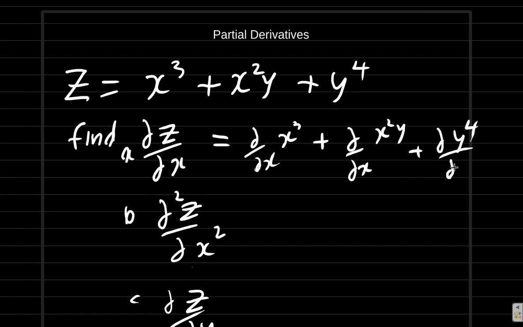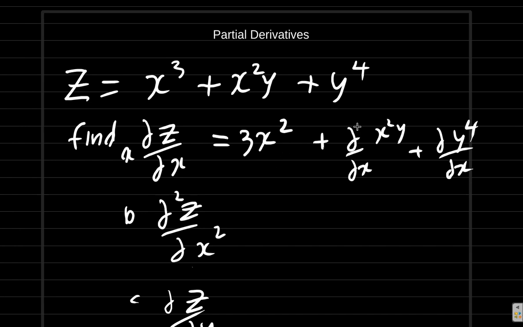So when you differentiate x cubed with respect to x, you get 3x to the 3 minus 1, but then 3 minus 1 is 2, so it's 3x to the 2, which is 3x squared.